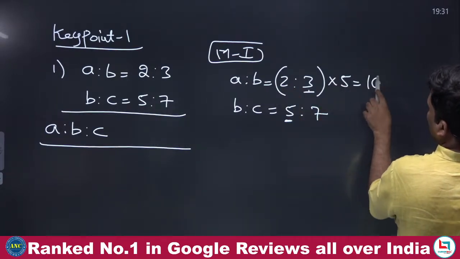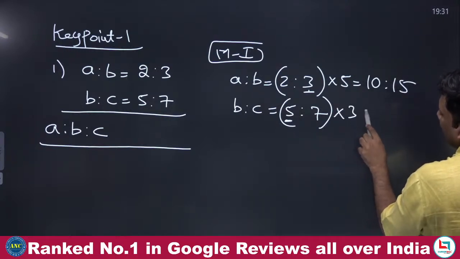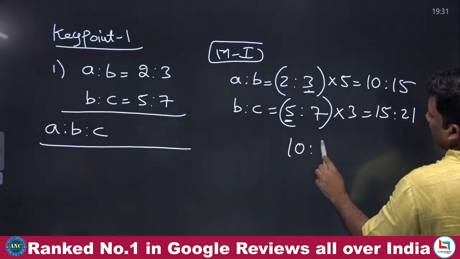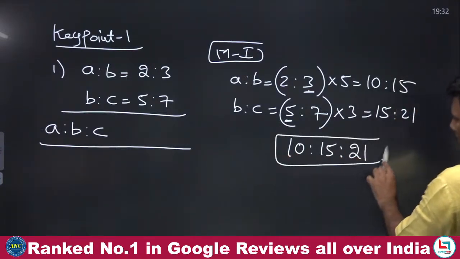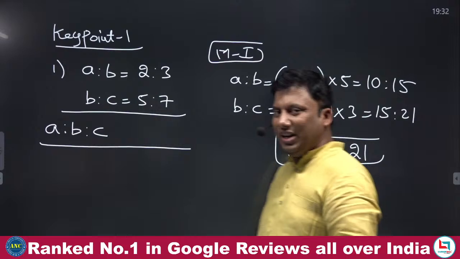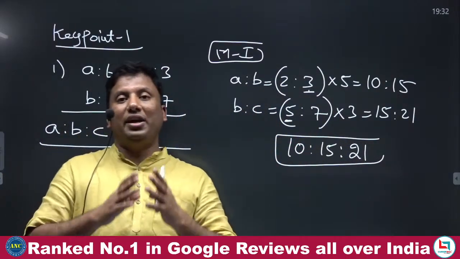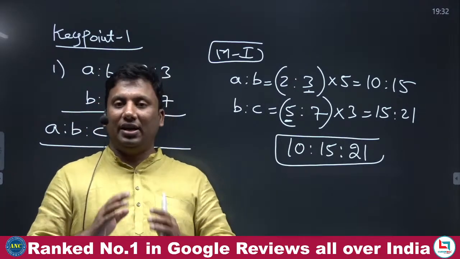It is 10 is to 15. Multiply this by 3. It is 15 is to 21. Answer is 10 is to 15 is to 21. Nice method for 3 variables. If there are 4 variables, 5 variables, then the process might become a little complicated.